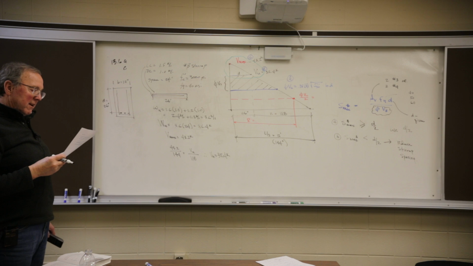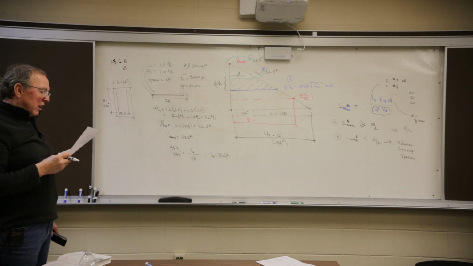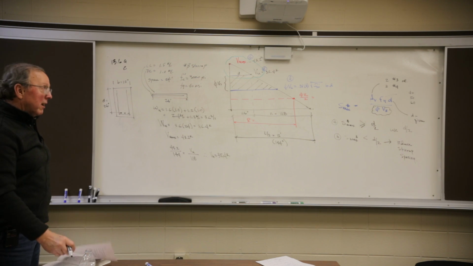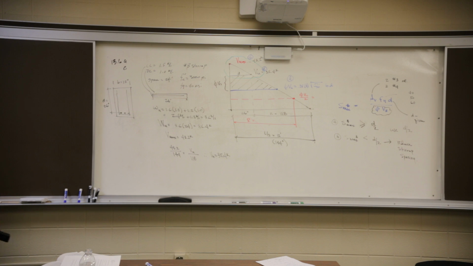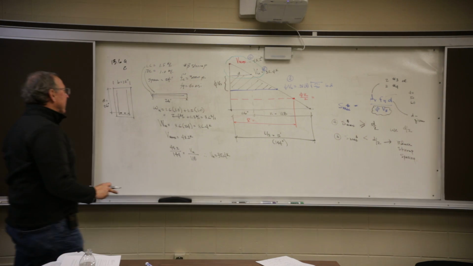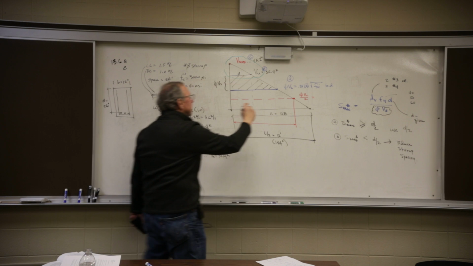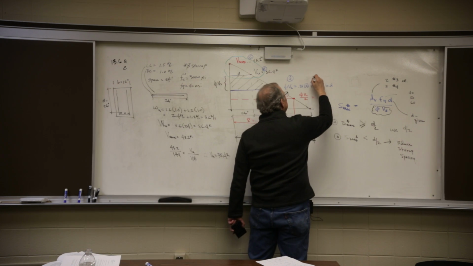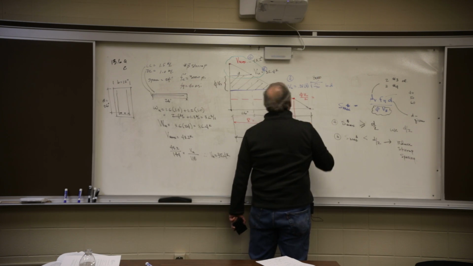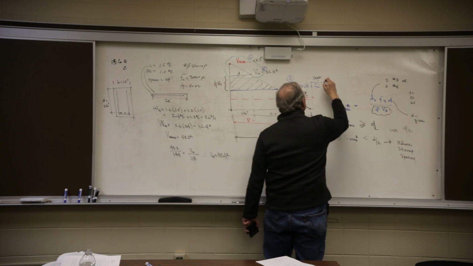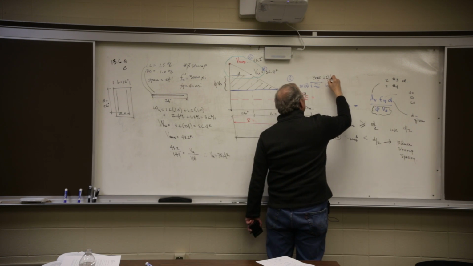If it's less than, excess shear may be present, and we're going to have to worry about that. So right now, we're going to look at calculating phi VC. So I look at my data. F'c is 3,000. B is 12. D is 26.